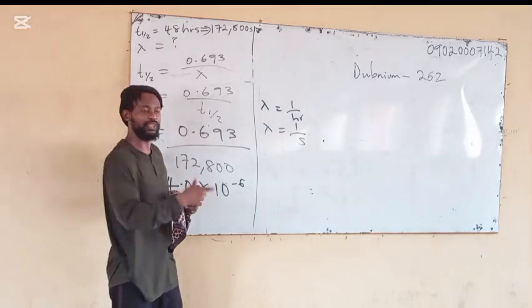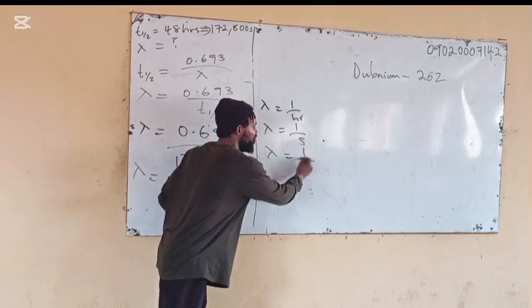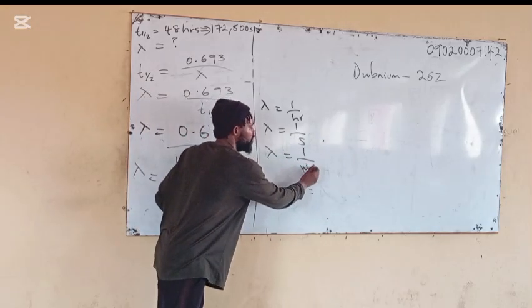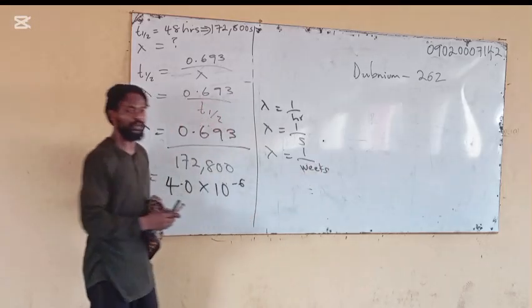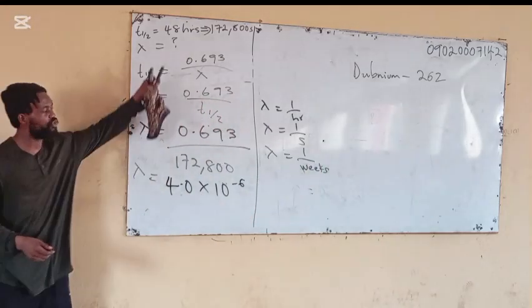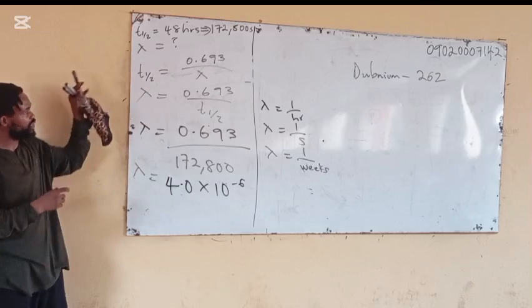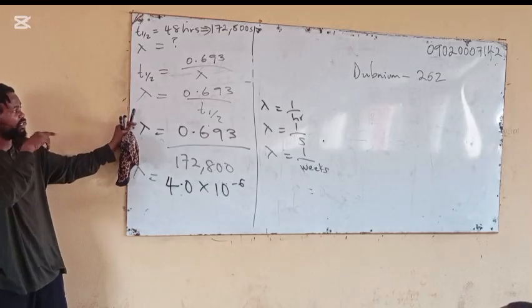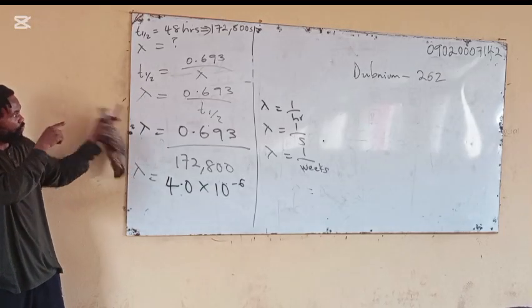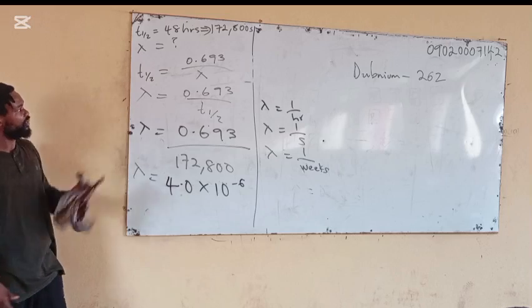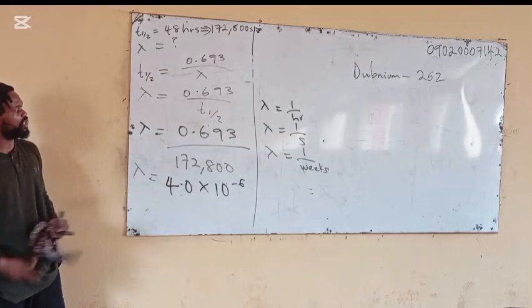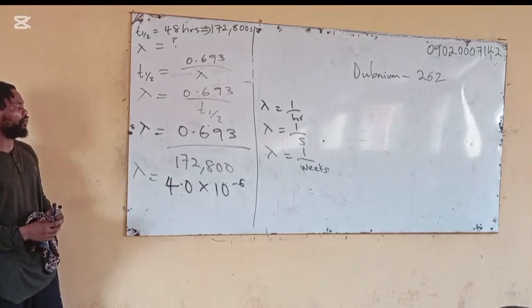If you are given weeks, it means your decay constant is per week. So if you really want to solve this, before converting to seconds, I know naturally we are used to converting to seconds, but once it's radioactivity, remember this is real life we're talking about. So check your decay constant so that you can put it in per hour, per second or per week.